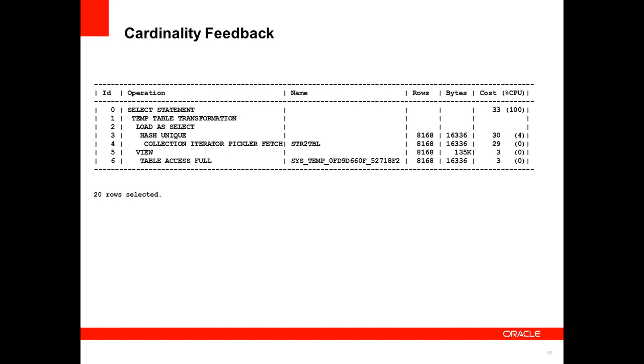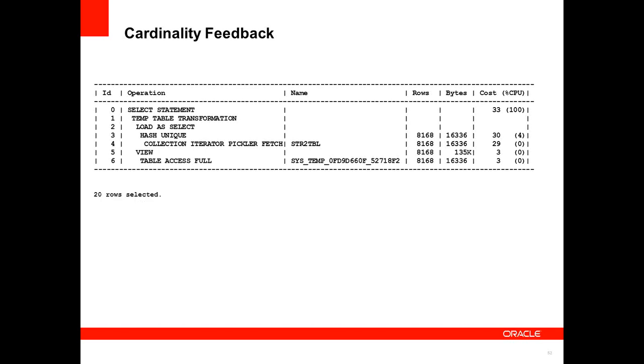What we'd like to do is have the optimizer be able to come up with the correct cardinality estimate based on what it's seen happen with this query in the past. So I go ahead and run that query a second time, and all I did was rerun it, and the estimated cardinality is now coming back as initially 8,168, but after that step, it says, I only saw 3 rows come out. I made a mistake last time.